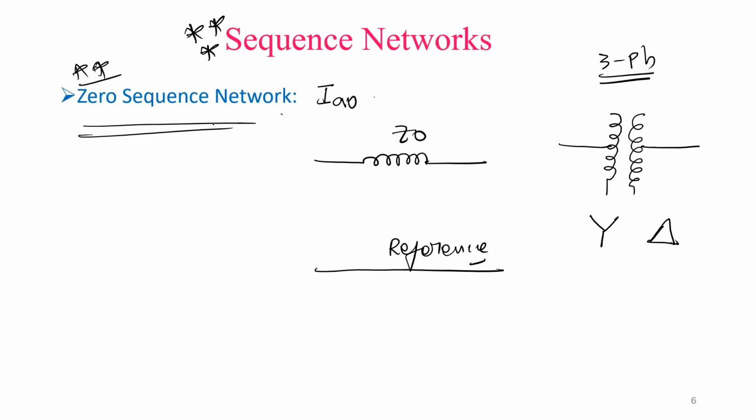In the zero sequence network, this Z0 exists when there is a path for the zero sequence currents. So whether we should put this value into the network or not depends on these connections. There are a few points we need to discuss before representing the zero sequence network with respect to the connections.